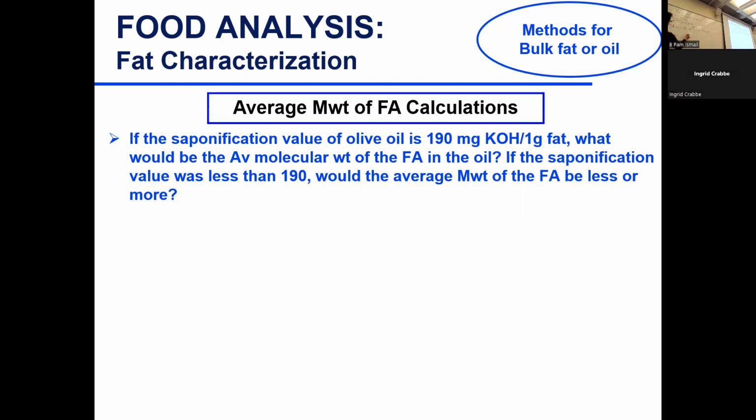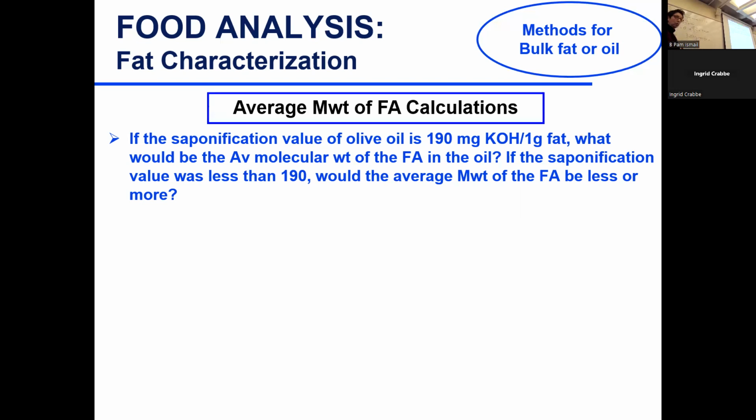Solving for X. So that would be 3 times 56.1 grams per mole times 1 gram over 0.190 grams. So grams will cancel. My answer will be unit of grams per mole.